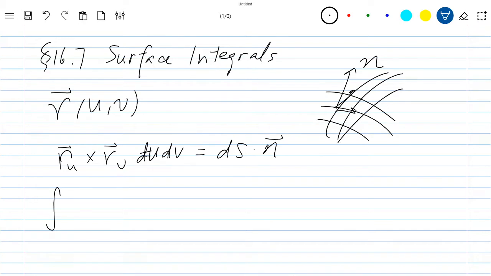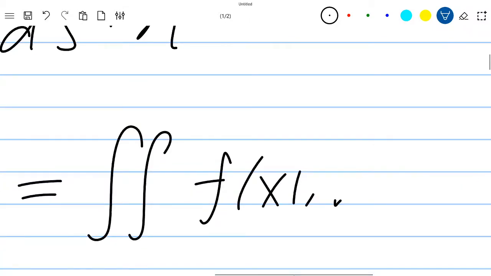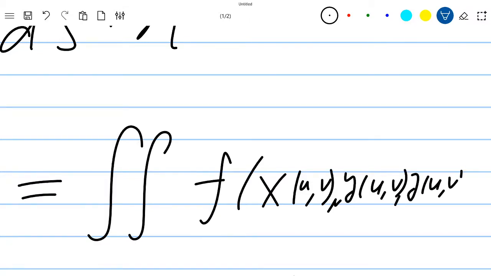So if you want to integrate, say, a function of xyz over the surface, then you can replace the xyz all by u and v. So you will have x as a function of uv, y as a function of uv, z as a function of uv.